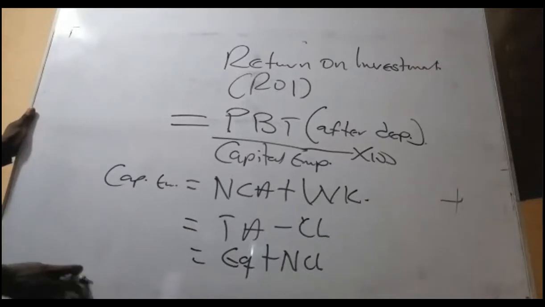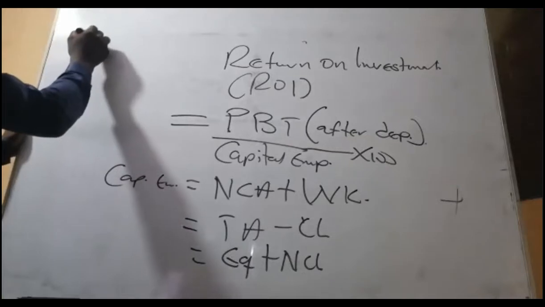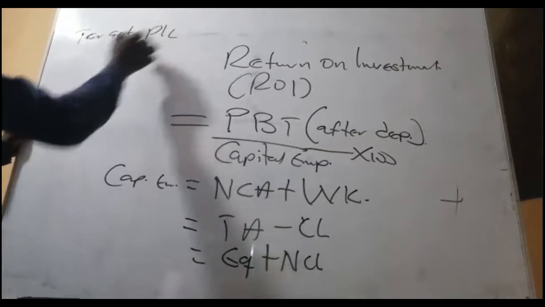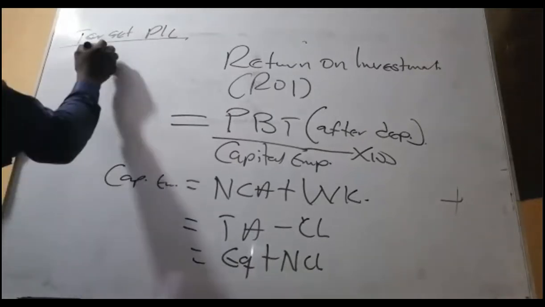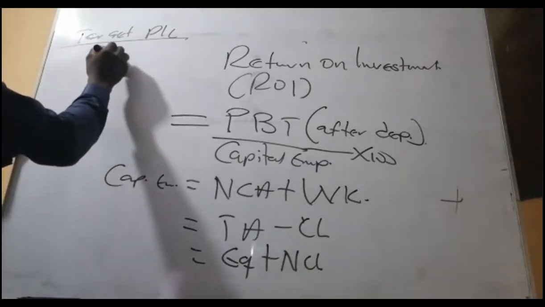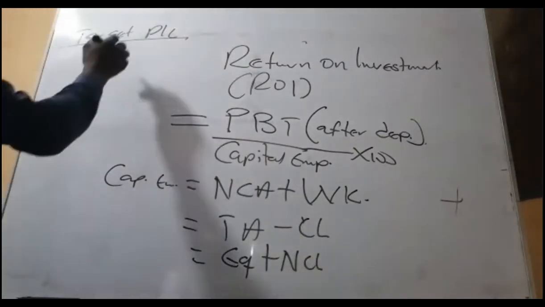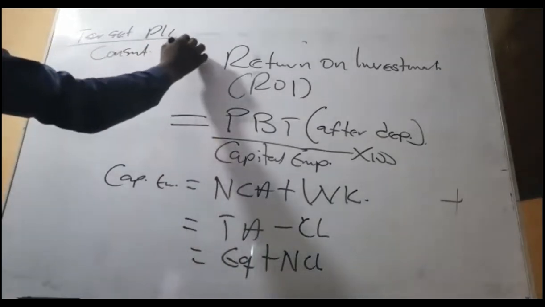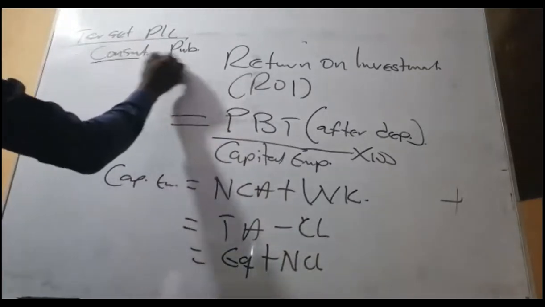Target PLC has two divisions. The divisions are the consultation or consulting service and the publications. Okay, so these are the divisions.